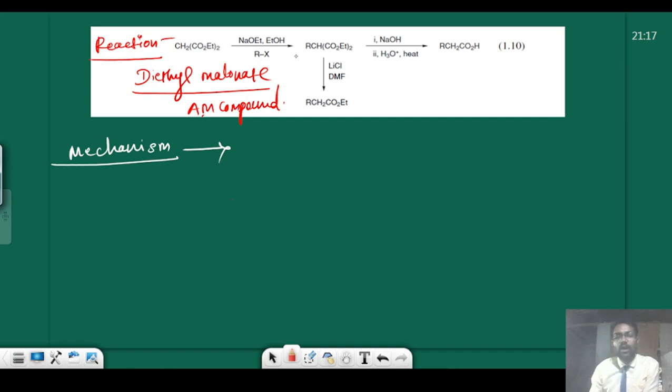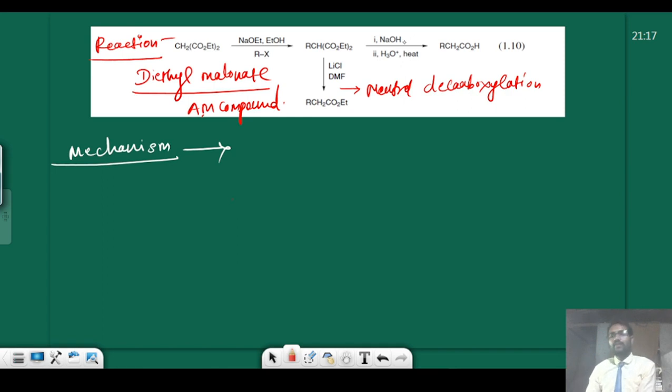After formation of the new carbon-carbon sigma bond, we have two types of reactions, that is, neutral decarboxylation, and another one after formation of acid, that is acid hydrolysis.